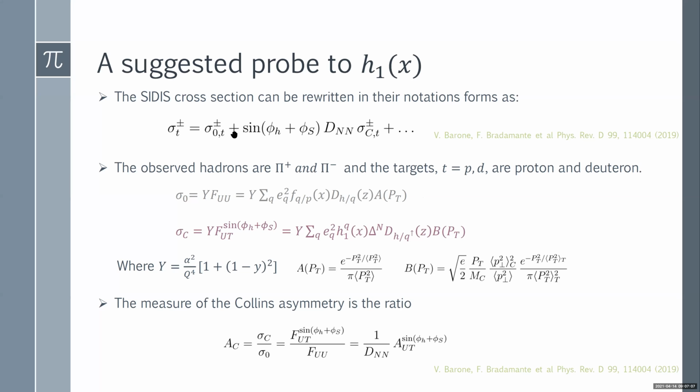Comparing with the previously written cross section for the SIDIS process, sigma_0 has this expression and sigma_C has this expression, where A_T and B_T represent the transverse momentum dependent part. The measure of the Collins asymmetry is basically this ratio sigma_C over sigma_0, which is basically 1 over the factor of the usually measured asymmetry in the experiment.